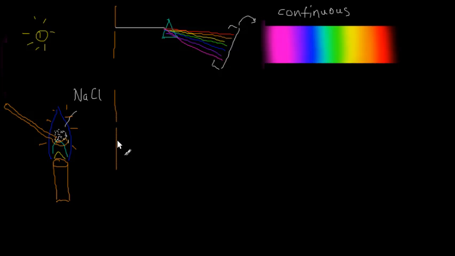So I'm going to set up this part in a similar way with one important difference. I'm going to have a screen there. It doesn't have to be a window this time, because we're not taking light from the sun. So it might be just a piece of paper or piece of metal with a hole down here that allows some light from this heated lump of salt to come through.